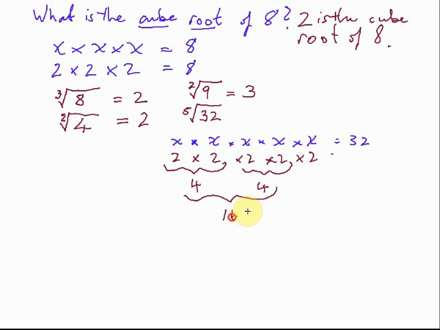So we have 16 times 2, and that does indeed equal 32. So, what do we have again? The fifth root of 32 is 2.